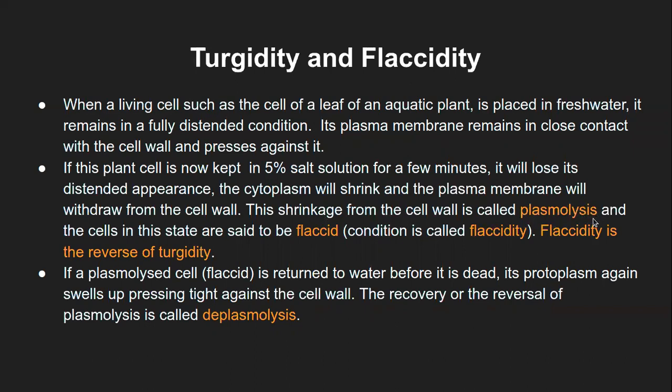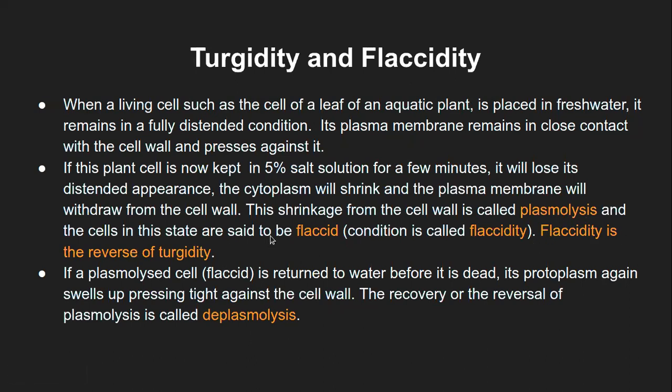Lysis refers to a kind of breakdown. But in this case, there is no breakdown of the plasma membrane as such, it is just moving away from the cell wall. So that bond is kind of broken, not a literal chemical or physical bond, but whenever they were together, the cell wall and the plasma membrane, they are now moving apart. That is what is referred to as plasmolysis.